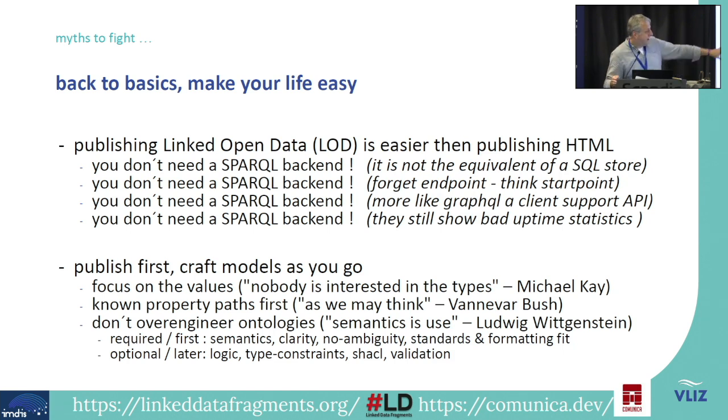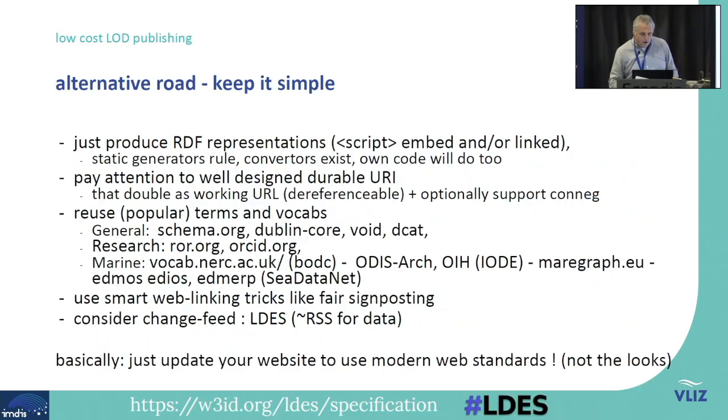And all those quotes out there from very important and smart people, I can go on about them for ages. The most important one: nobody is interested in the types. People are only interested in the values. Types are important, but to programmers, right? To people building systems and validating the systems, not to the people actually using it. So focus on the values and how to get there, and that will be a lot easier.